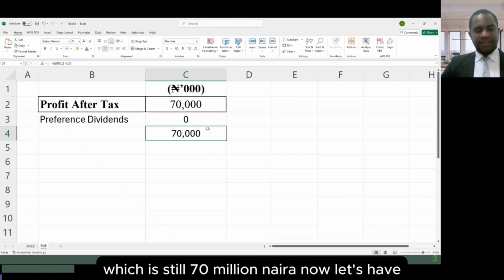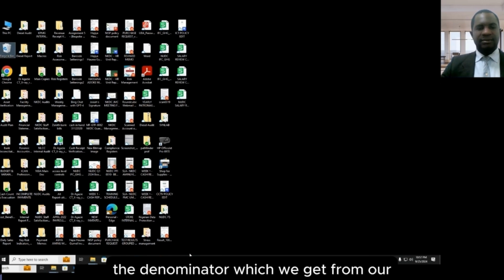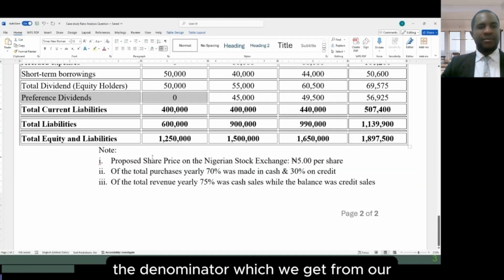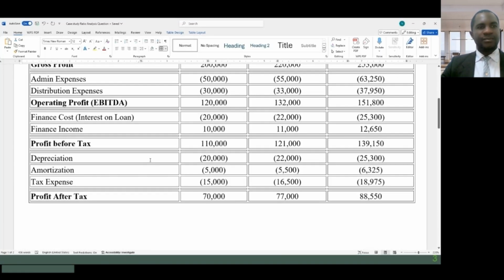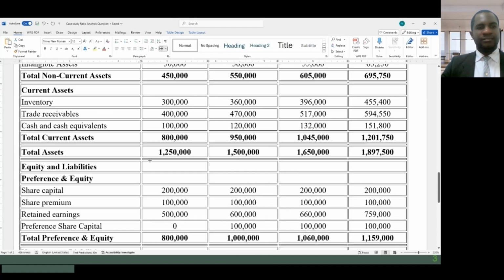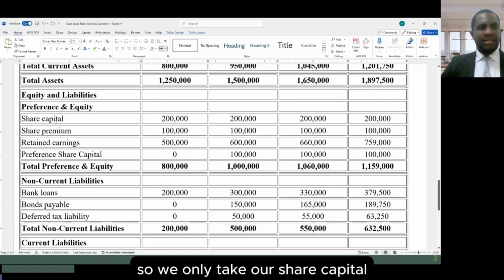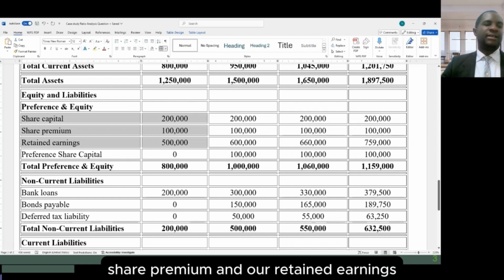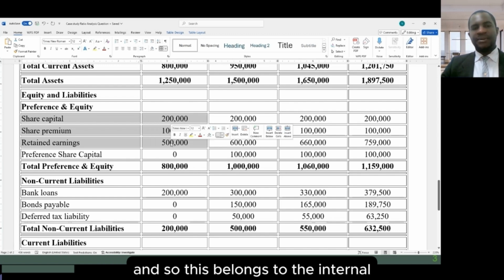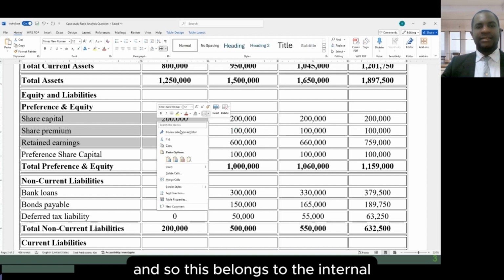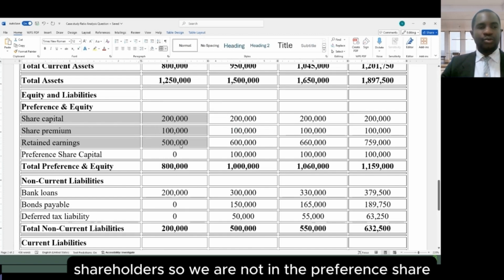Now let's have the denominator, which we get from our statement of financial position. We only take our share capital, share premium, and our retained earnings. So this belongs to internal shareholders.